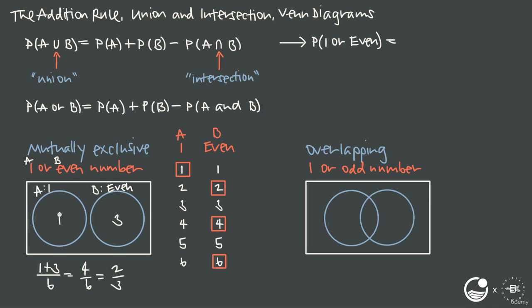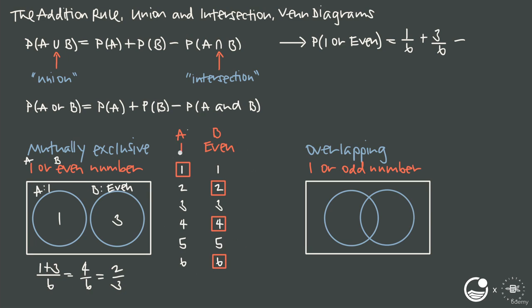Well, we know that that is 1 over 6 possibilities, so we would say 1 over 6, plus the probability of event B occurring, which we know is 3 over 6, so 3 over 6, and then we would subtract what we call the intersectional probability of both of these events occurring. But when we have mutually exclusive events, that intersectional probability is 0. And we see that in our Venn diagram because these circles don't overlap.